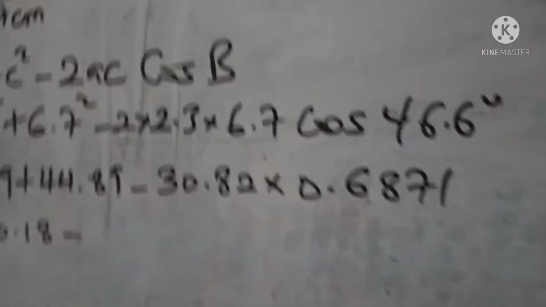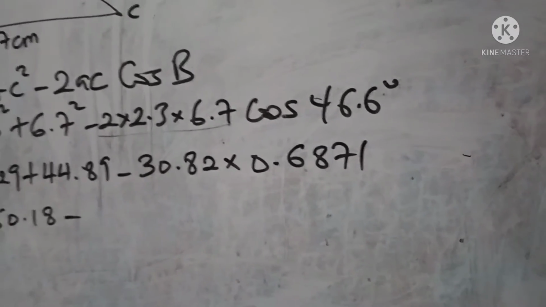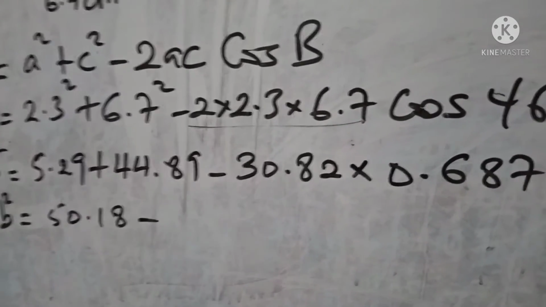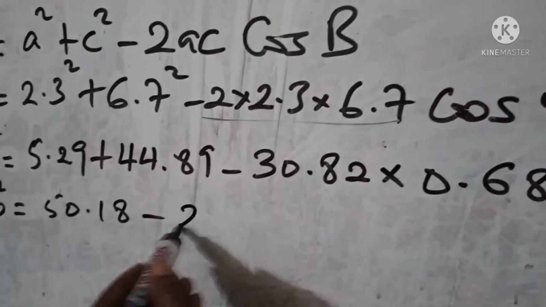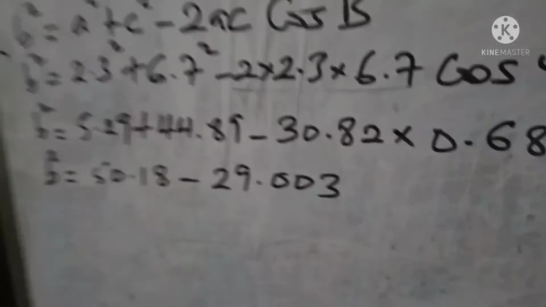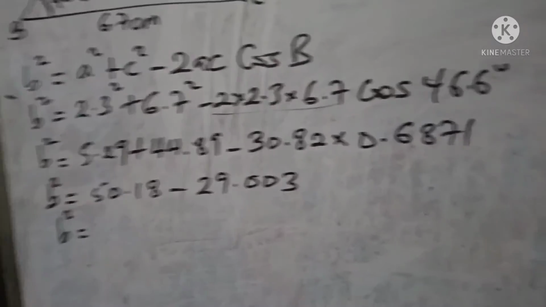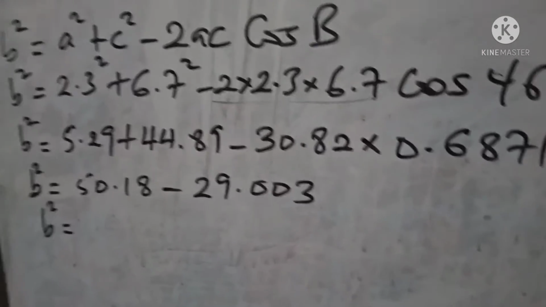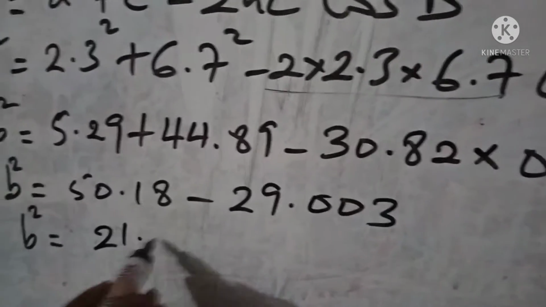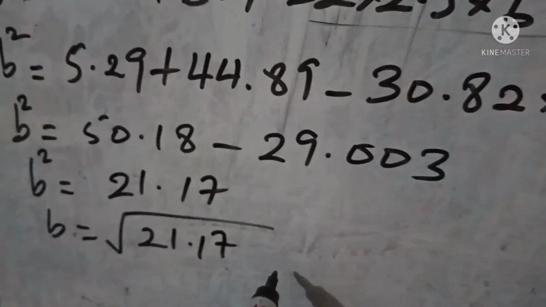What do we have? 29.003. Now if we subtract, B square equal to 50.18 minus 29.003, that's 21.17. So B will be equal to square root of 21.17.